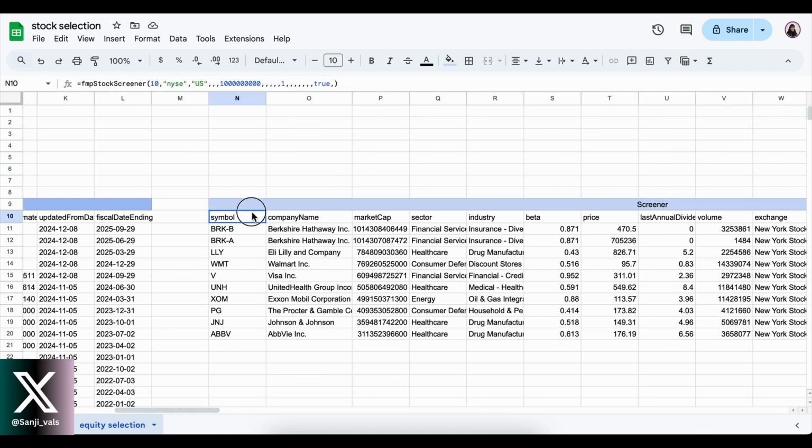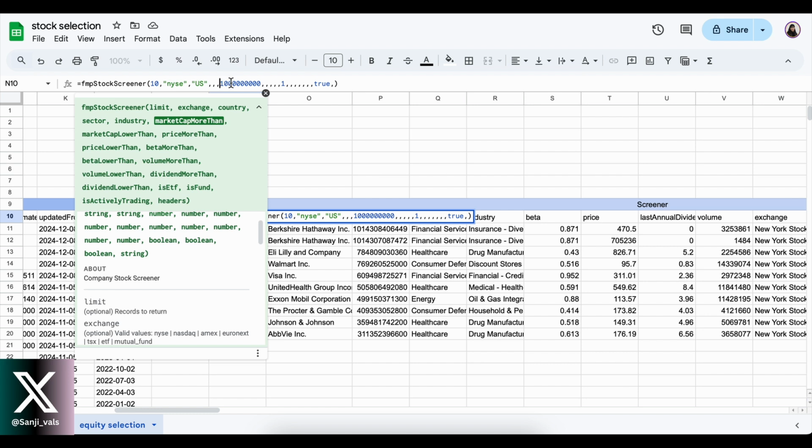Then you can change the screener parameters and put lower than over here, lower than 1 billion. Remove this one.